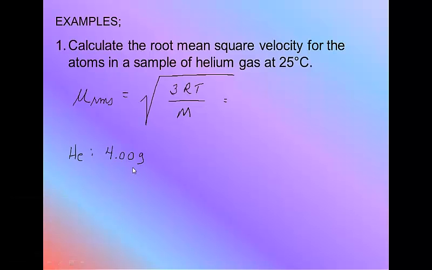I'm going to rewrite it. Grams per mole. I need to convert it to kilograms using dimensional analysis. There are 1,000 grams in a kilogram. Lo and behold, that's going to be 0.00400 kilograms per mole.